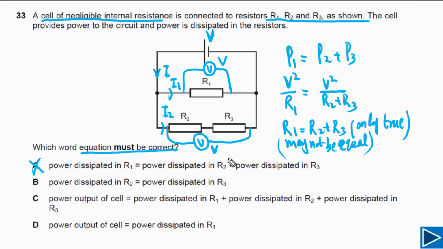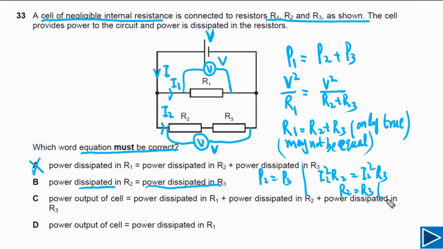Let's go to option B now. Power dissipated in R2 is equal to power dissipated in R3. So we can write the equation again. P2 is equal to P3, and this is only possible if I2 squared times R2 is equal to I2 squared times R3, and this is only true if R2 is equal to R3.